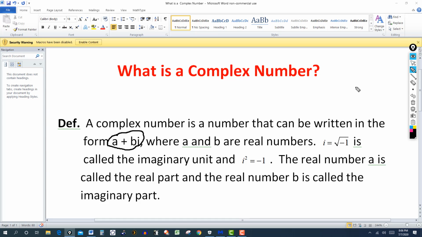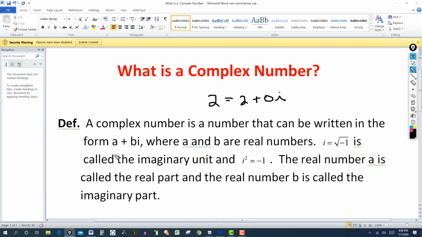Okay, so we want to note here that if I write the number 2, which is real, I can write this as 2 plus 0i.